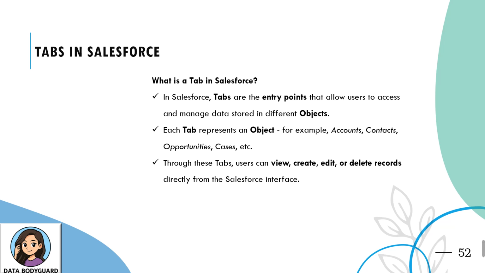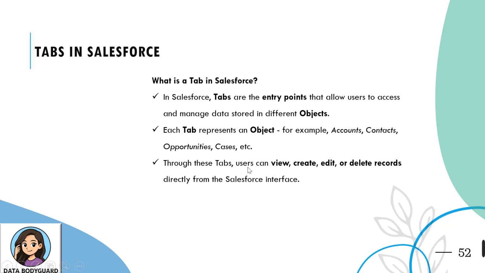So in Salesforce, tabs are the entry point that allows the user to access and manage the data that's stored in the different objects. Each tab represents an object. For example, Accounts, Contacts, Opportunities, Cases, all these represent an object, but it's a tab.